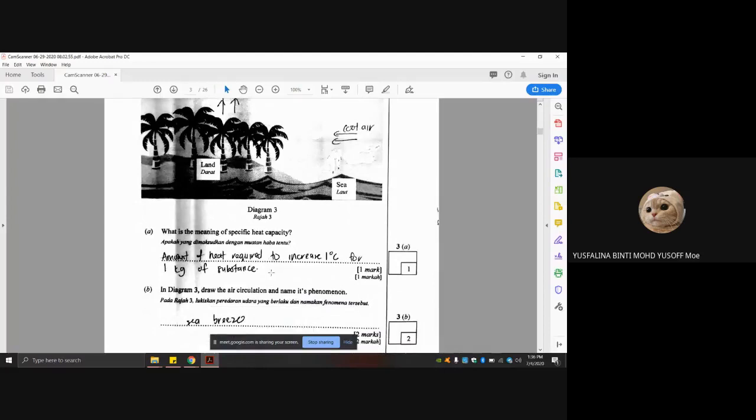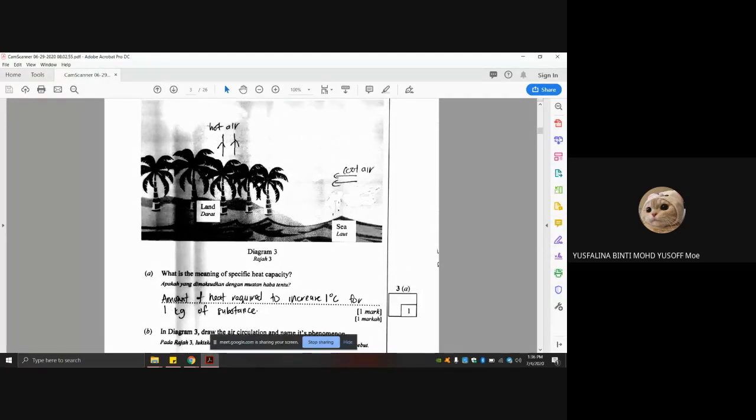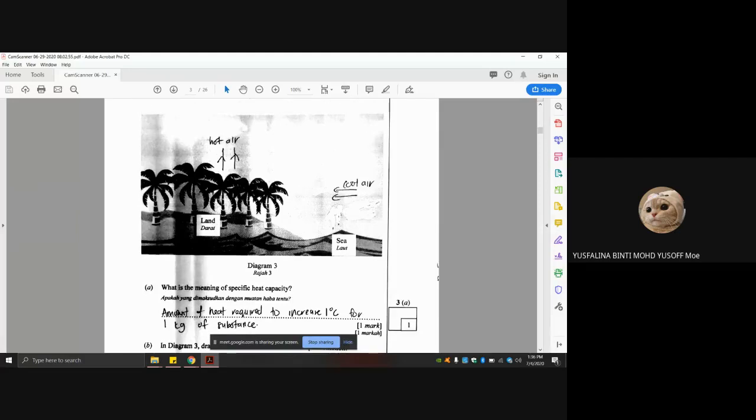In diagram 3, draw the air circulation and name its phenomenon. You know the land has a low specific heat capacity, so during the daytime it will get hot faster compared to the sea. The hot air has a very low density, so it goes up.